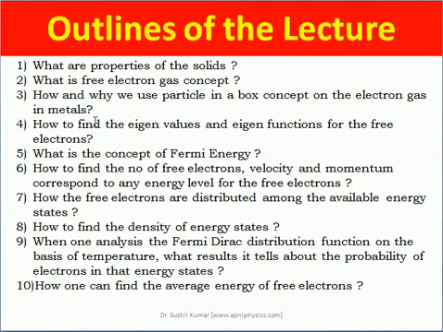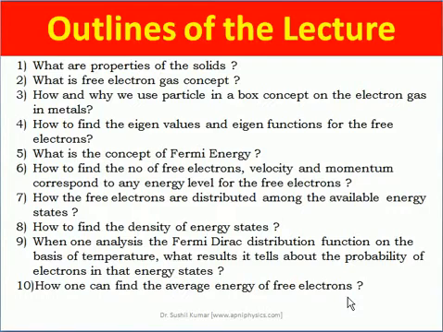At the fourth point, the question is how to find the eigenvalues and eigenfunctions for the free electrons. So if I use the approach of particle in a box on the electron gas, then I have to find the eigenvalues and eigenfunctions for the free electrons, right? These free electrons relate to the free electron gas, and I will discuss that in a systematic way.